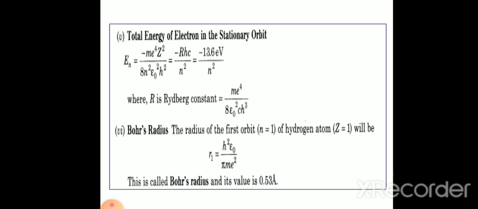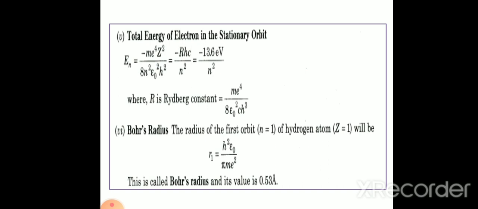Just now we have discussed the total energy of an electron in a stationary orbit En. And if Z is equivalent to 1, that is atomic number is 1, or for hydrogen atom, En is equivalent to minus m e raised to 4 divided by 8 n square epsilon 0 square h square.